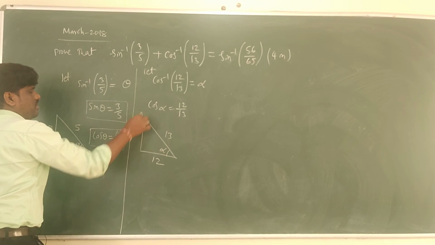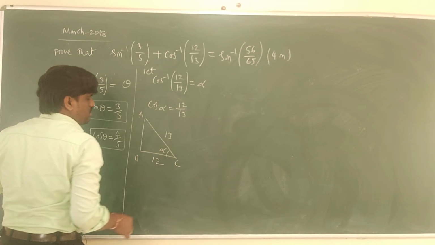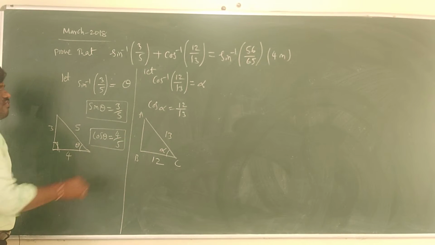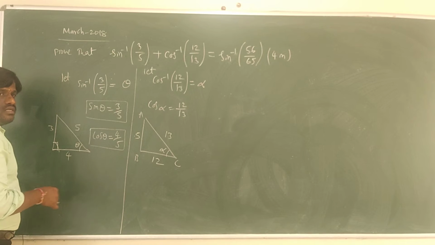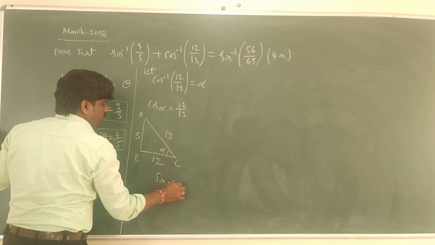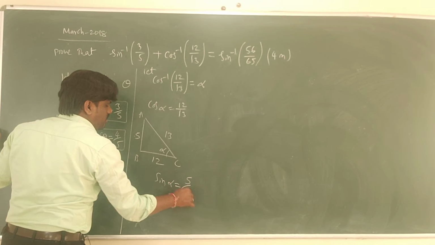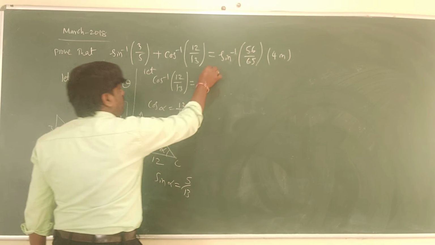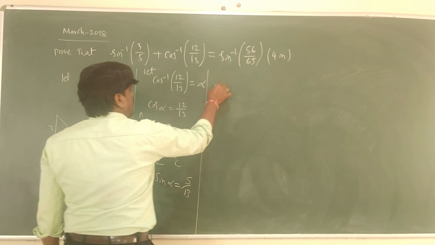Pythagoras theorem you know, na? If you don't know anything, just use the Pythagoras theorem. If 12, 13, then this will be 5. So sine alpha will be 5 by 13.